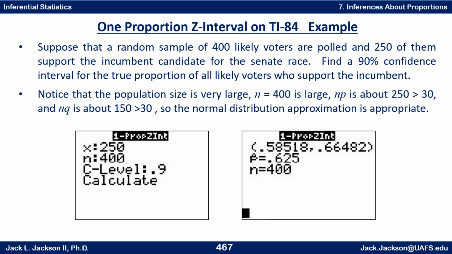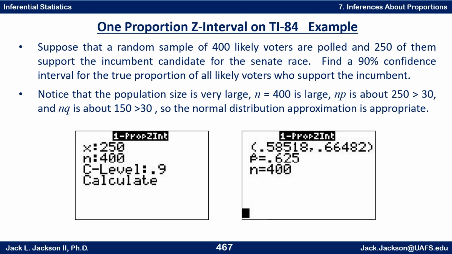The sample size n is 400, that's very large, so np is going to be about 250, and nq is about 150 based on the p hat and q hat. In both cases, those are well bigger than 30, so a normal distribution approximation is very appropriate.